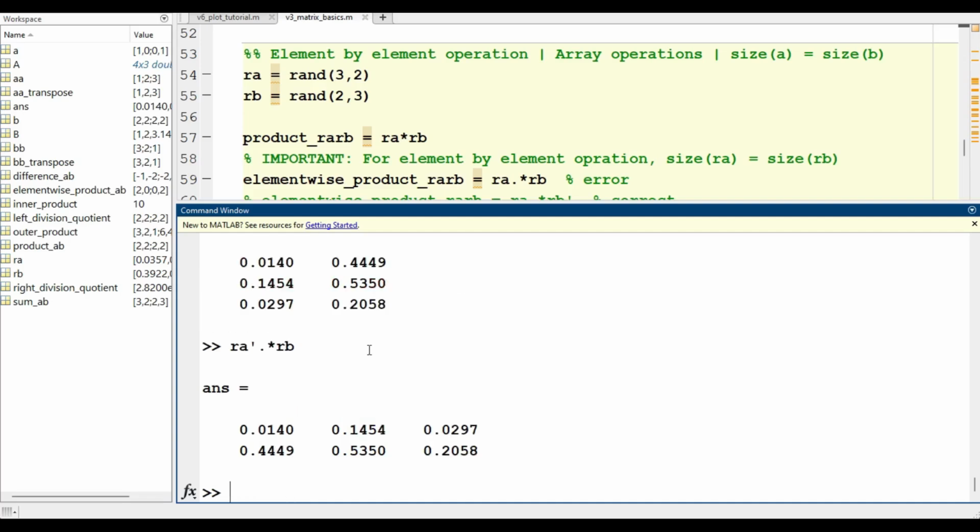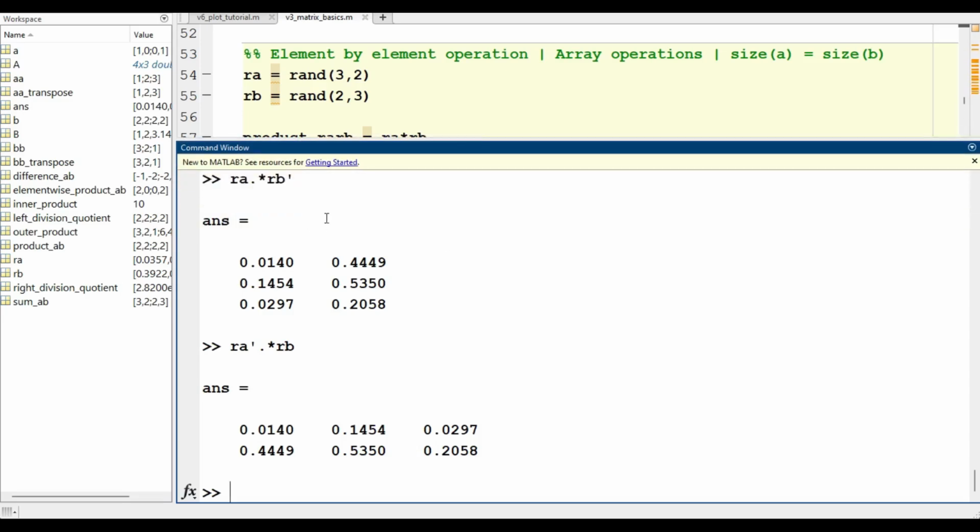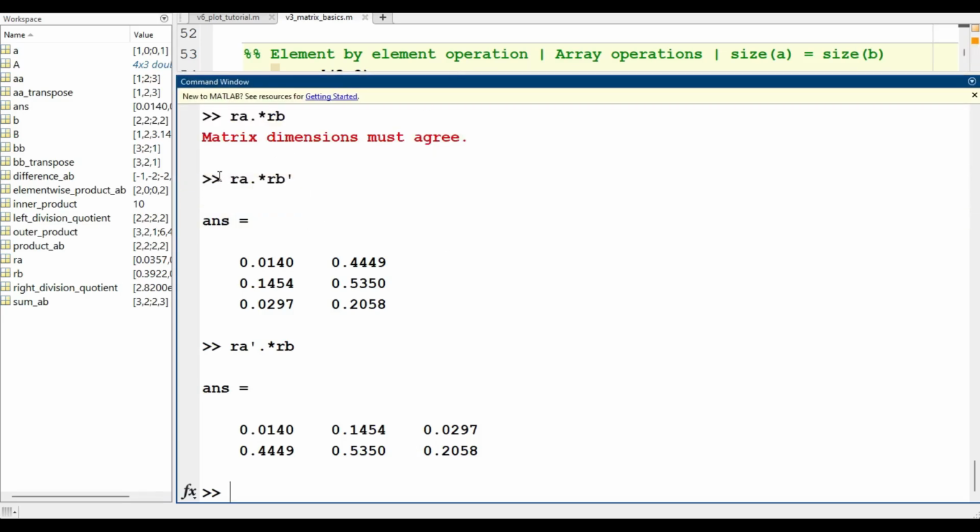But you see in the output, the dimension of the matrix changes. In the first case, when we took the transpose of RB, the final size is 3 cross 2 for RB dash, and for RA it was already 3 cross 2.